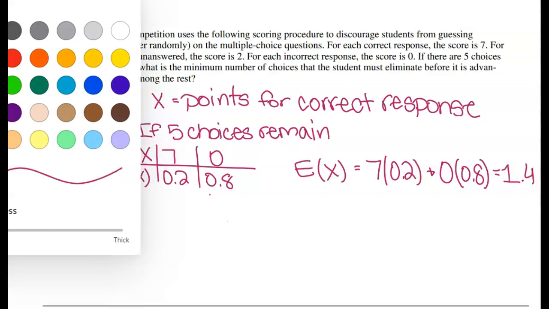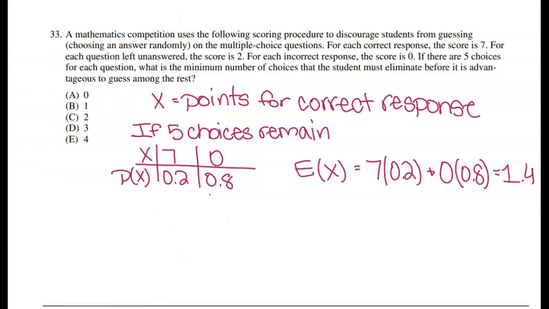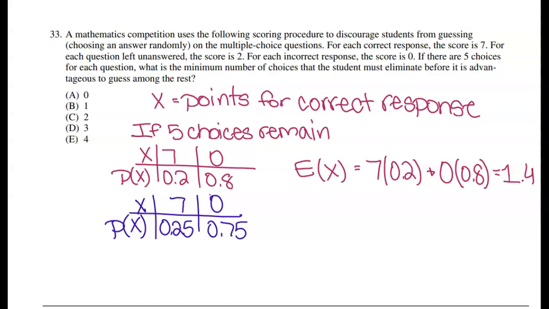So if we did the same thing, but this time for 4 choices remaining, we still have X. You can get 7 points for a correct answer, 0 points for an incorrect answer. Now if 4 choices remain, so you were able to eliminate 1, then this time there's going to be a 25% chance of you getting it correct, which means there's going to be a 75% chance of you getting it incorrect.